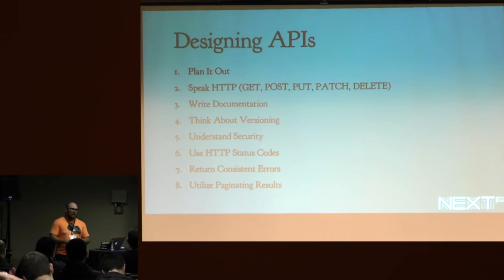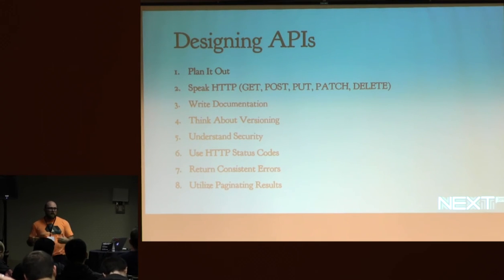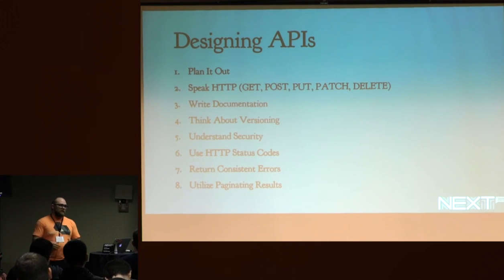HTTP. I'm a huge fan of RESTful HTTP APIs. JSON-based is my favorite. You can choose the format you'd prefer, but really, HTTP is extremely important. My view of APIs is, for the most part, web-based APIs.